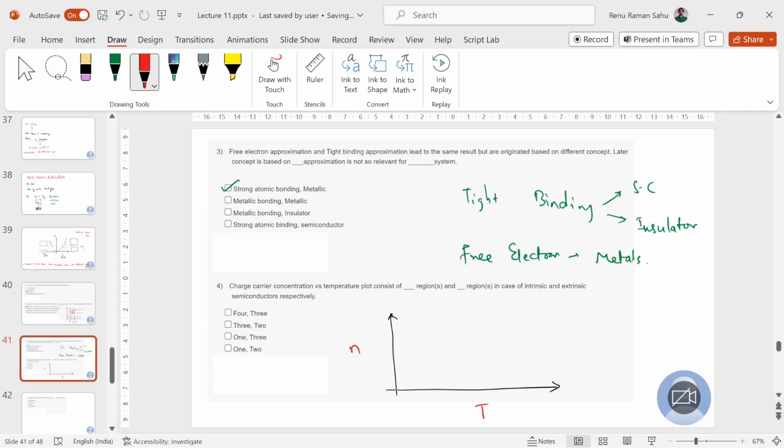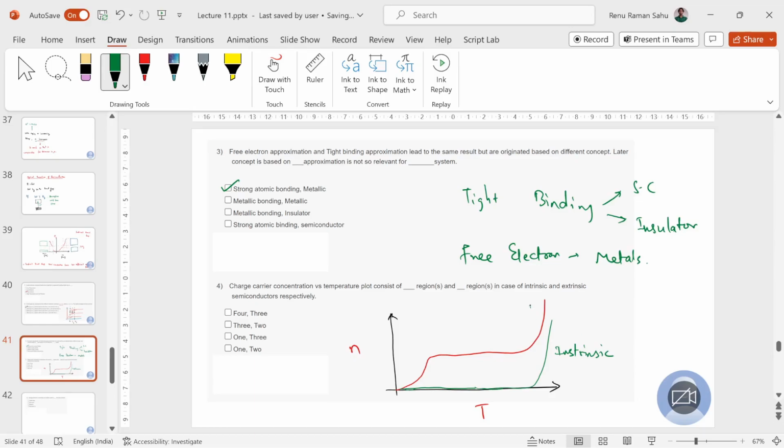No, we saw, no. See, if you increase the temperature, what will happen? There will be a freeze out zone, then there will be an extrinsic zone. And for an intrinsic semiconductor, it is just this, and suddenly it will increase like this. So only intrinsic.